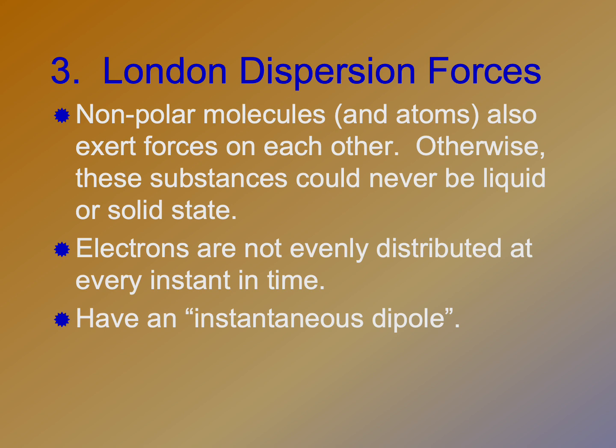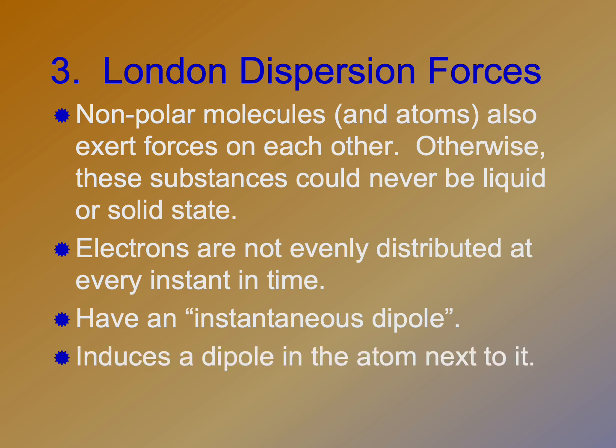So for that split second, we're going to have part of the molecule that's slightly positive and part of the molecule that's slightly negative. And this induces a dipole in the atom next to it. So the electrons in one atom can influence the movement of electrons in the following atom.